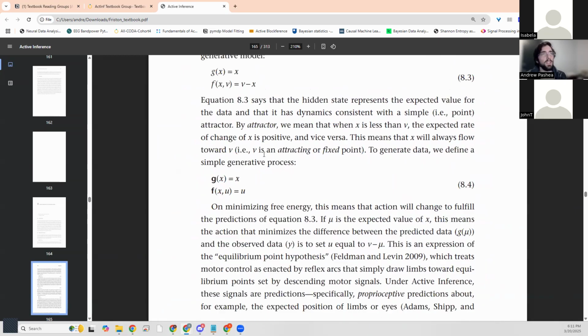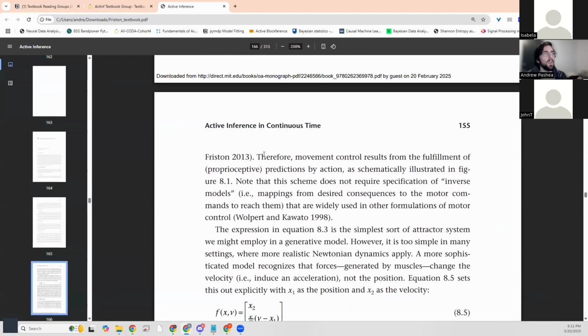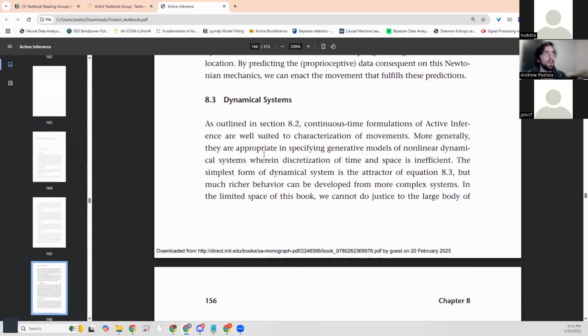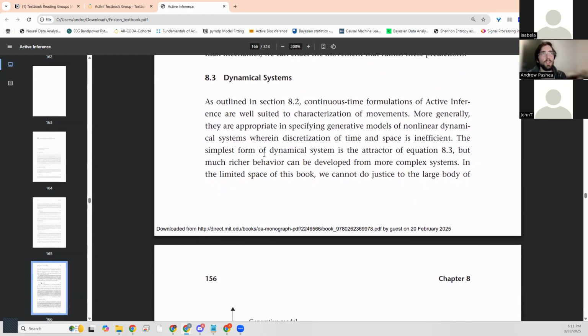I emphasize this despite its simplicity because, when you think about it, we're oftentimes trying to model systems, whether agents or organisms or anything that needs to persist in some way within an environment, whether it's an organism trying to take care of its homeostasis or a thermostat reacting to changes in temperature.